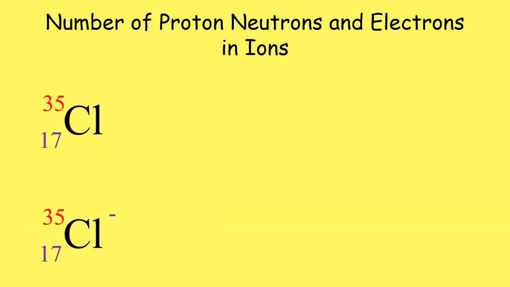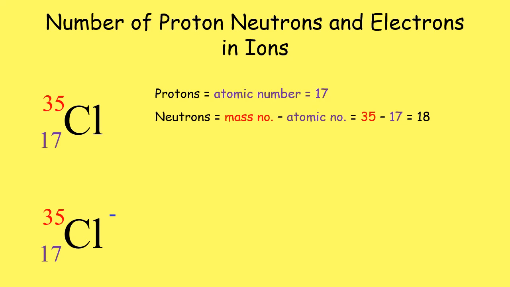So what we're going to look at now is a couple of examples. We're going to compare the chlorine atom to chlorine as an ion. And we're going to use those rules that we looked at on the previous slide. So protons in an atom equals atomic number, which is 17. Neutrons is mass number minus atomic number, which is 35 minus 17, which gives us 18.